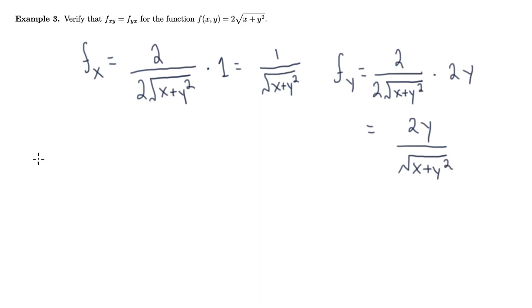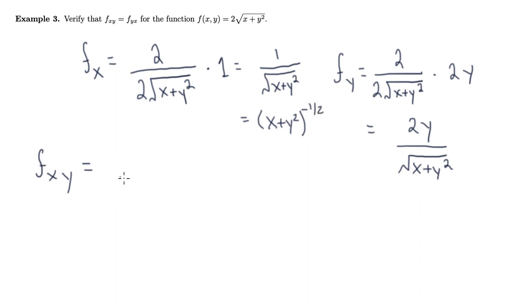Okay, so now let's take the derivative with respect to x and take the derivative with respect to y. All right, so we want to take the derivative of this function. Now this function is just x plus y squared to the negative 1/2.